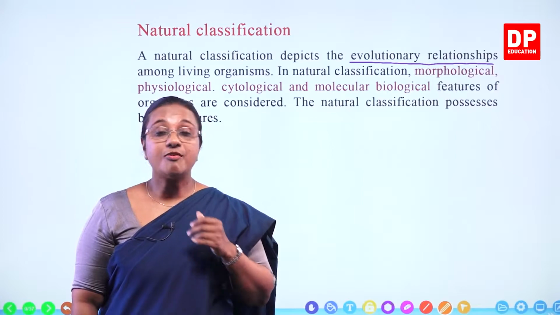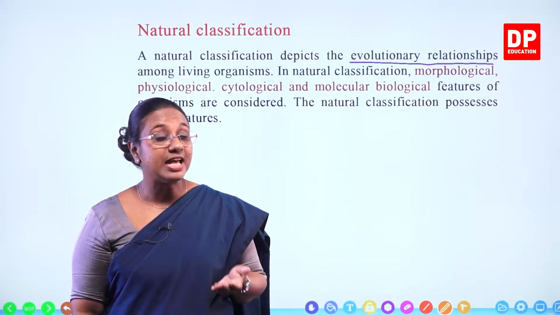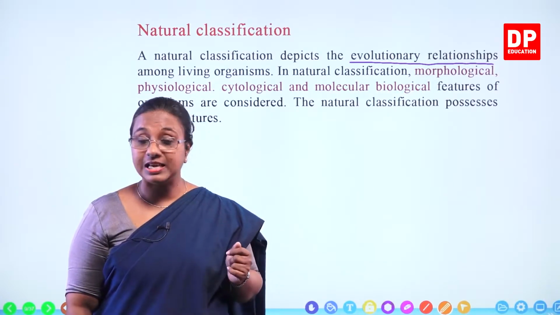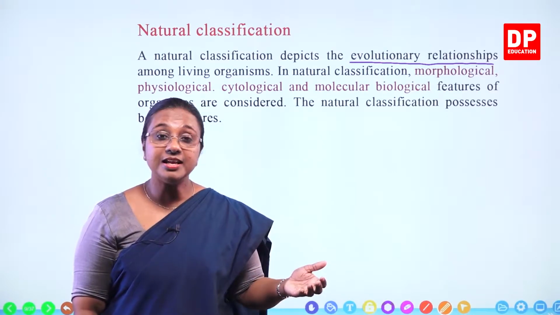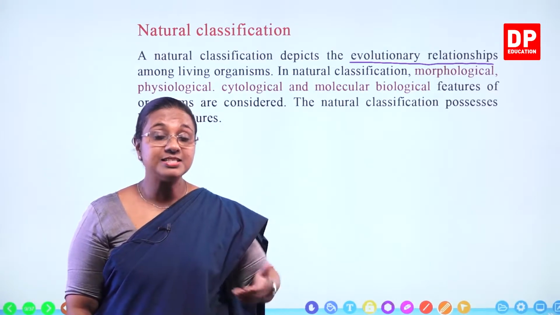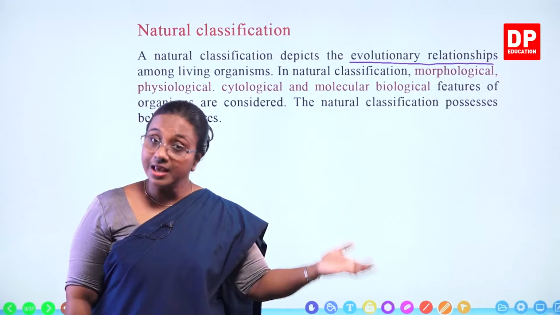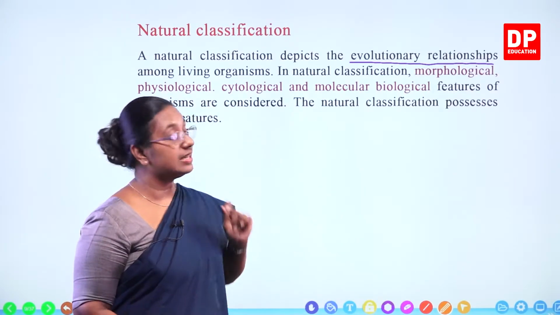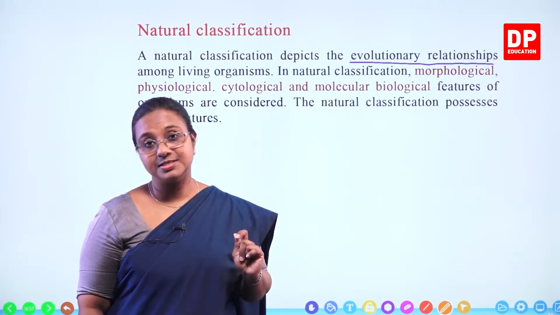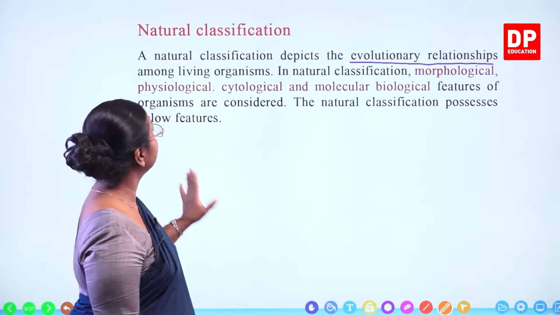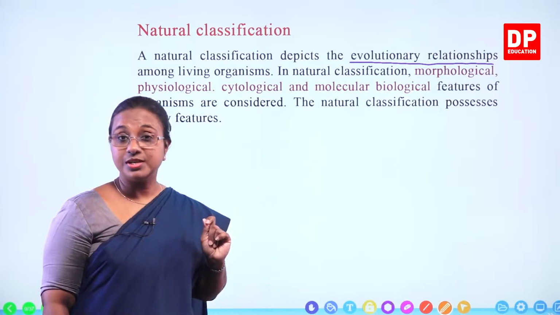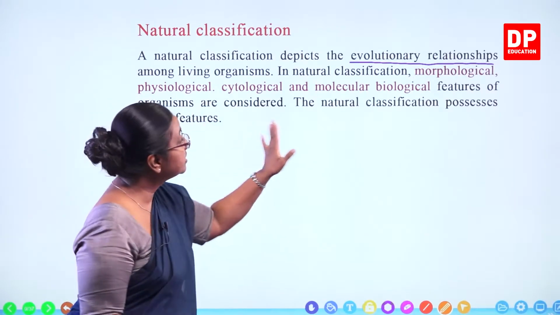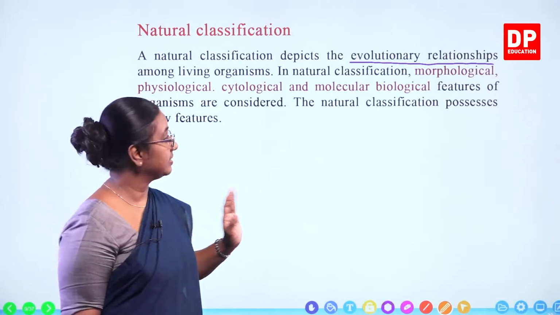For example, you are familiar with biomolecules. Under that we have studied about nucleic acids, DNA, RNA, how they are synthesized, how that synthesis is important for the organisms. All those are considered under molecular biology. So when we classify using natural classification, we consider all these characteristics.